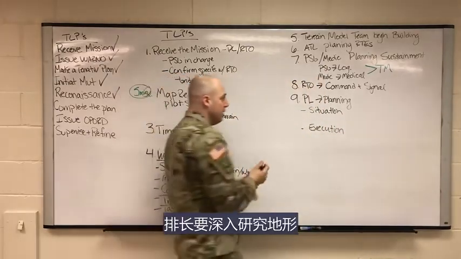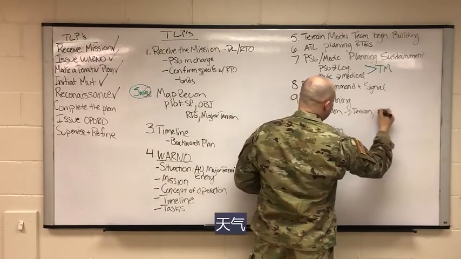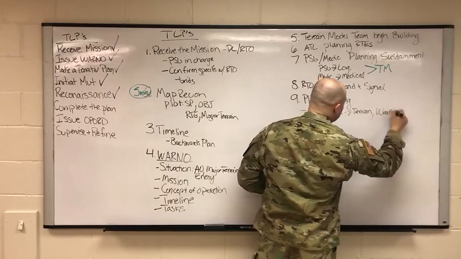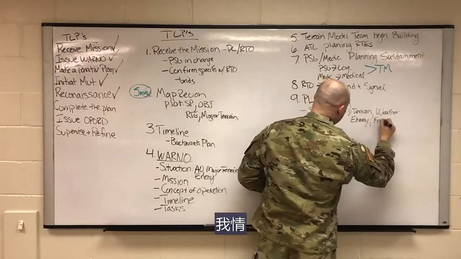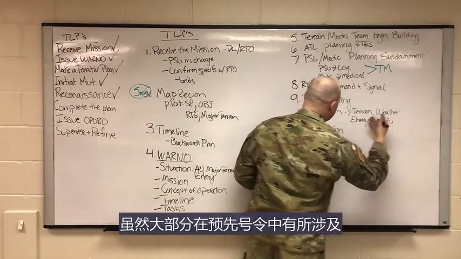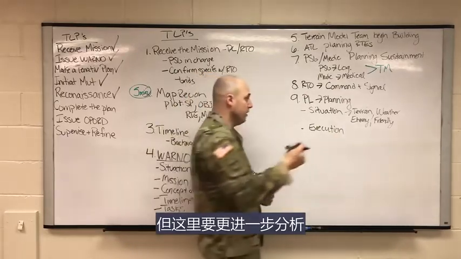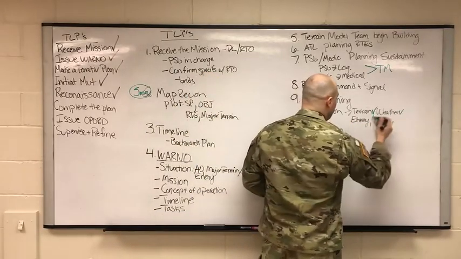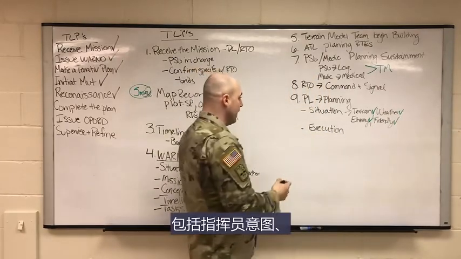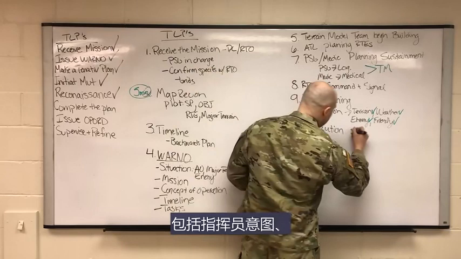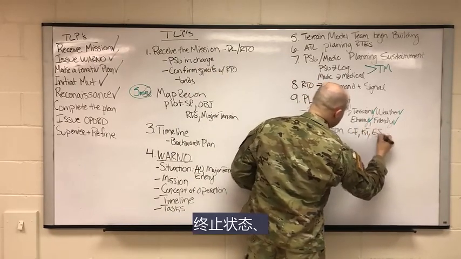So he's just going more into the depth here, talking about terrain, talking about weather, talking about enemy and friendly. And a lot of this was already maybe discussed in your WARNO, but he's going to do a little bit better analysis. Okay, so he does have to work on these. In the execution paragraph, really what he's got left is that commander's intent, key tasks, his end state.